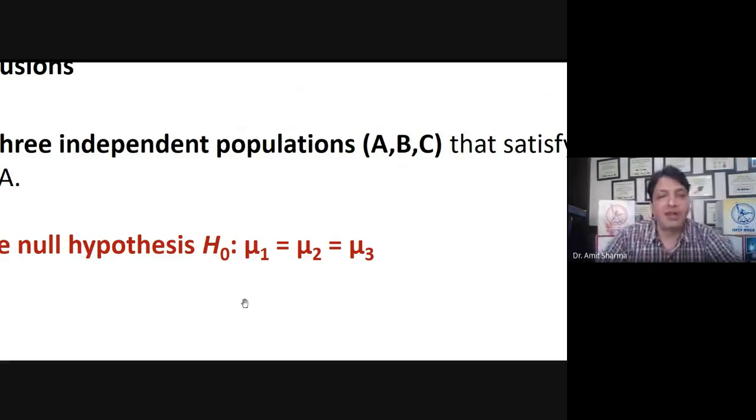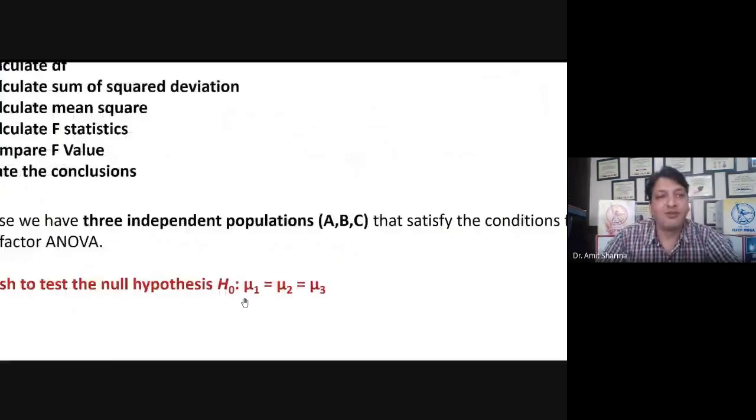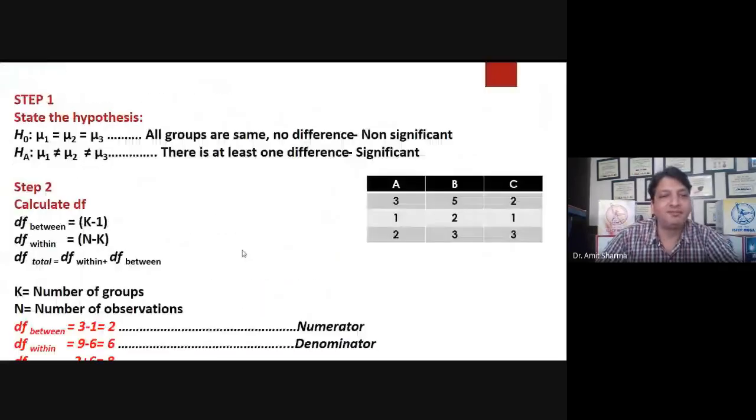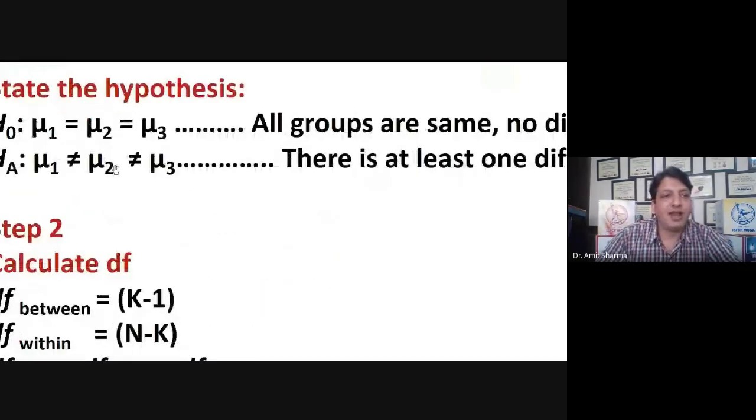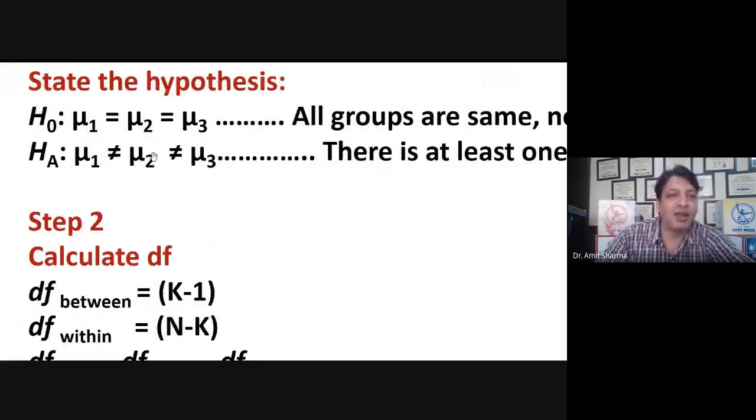So the alternative hypothesis we can write in such a way. I have written the null hypothesis on the top, and at the bottom you can see I have written the alternative hypothesis: the mean of group 1 is not equivalent to the mean of group 2, which is not equivalent to the mean of group 3, and so on.